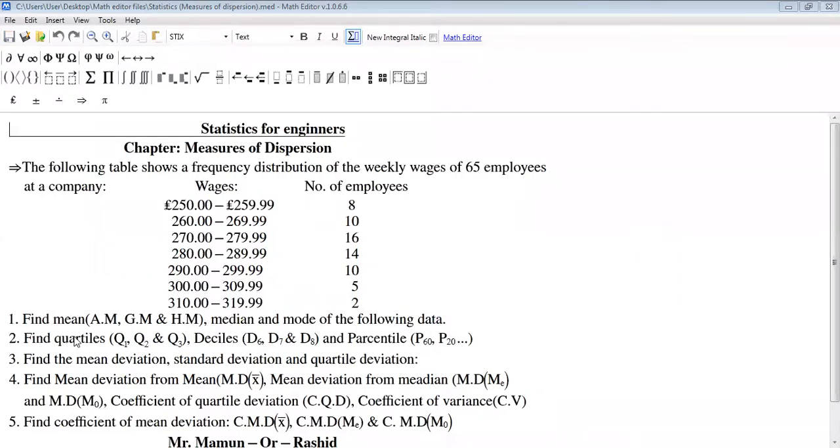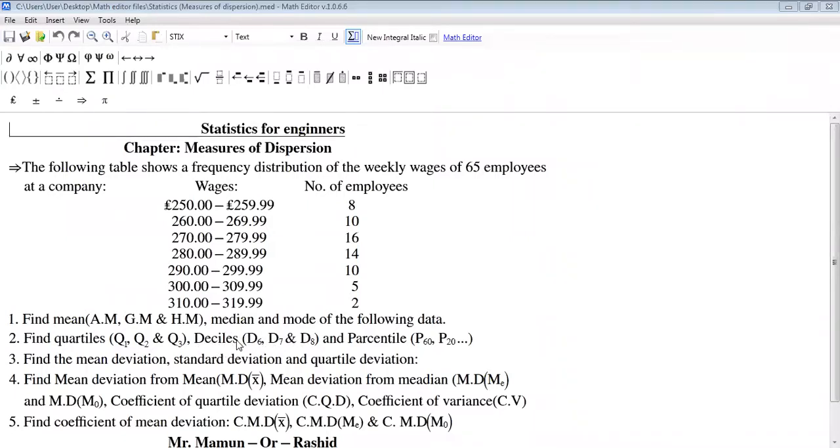So in the second step, we will try to find the quartiles: first quartile, second quartile, and third quartile. There are three types of quartile. Q1 is the lower quartile, this is the middle quartile, and this is the last quartile. And we'll also try to find deciles.